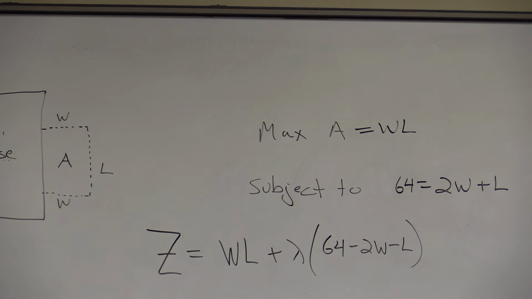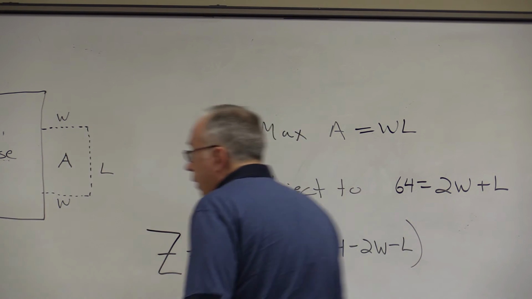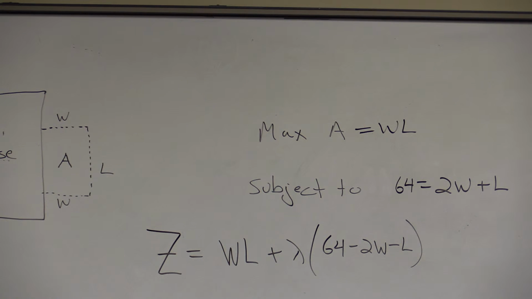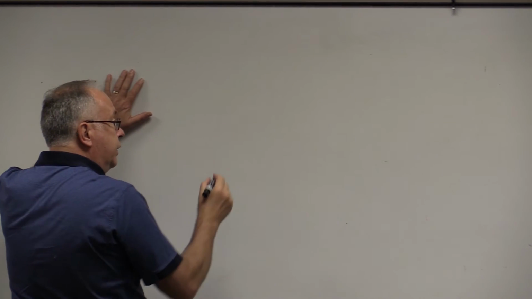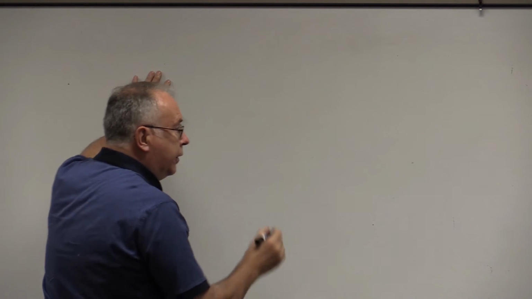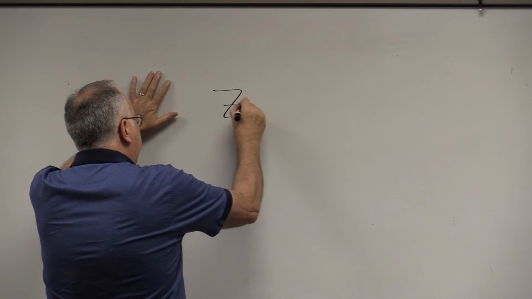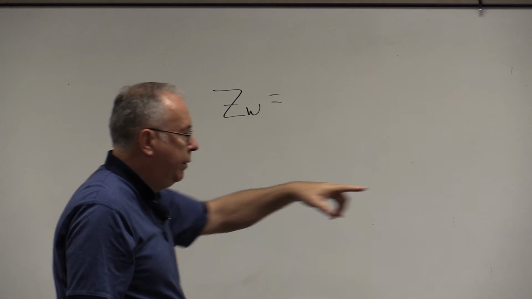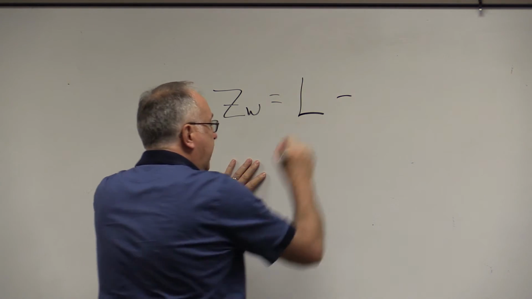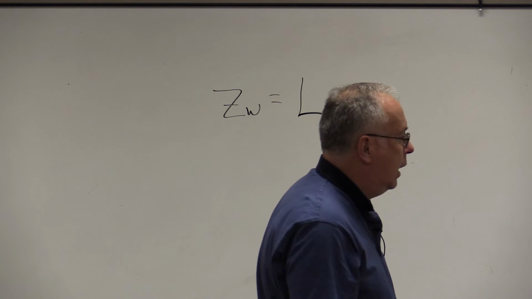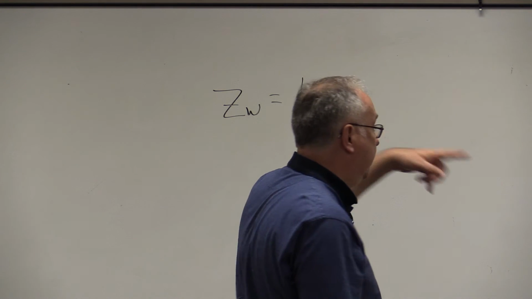So how do we solve for the optimal values of W and L? First we look at our first order conditions. I have W first, so let's do Z sub W. Z sub W would be L minus 2 lambda.